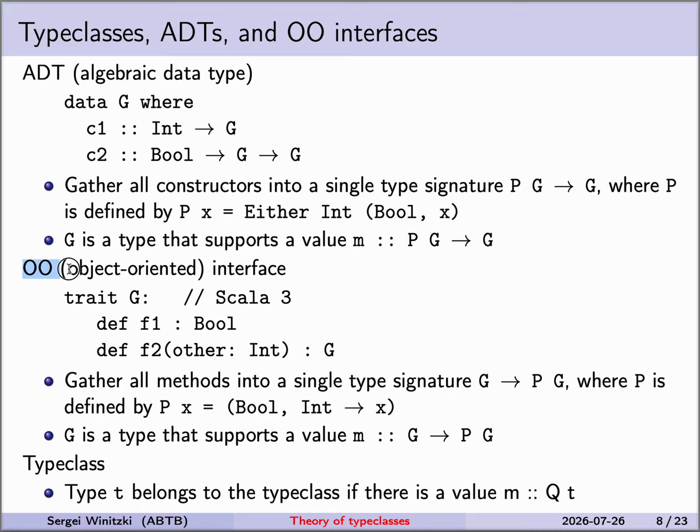Now let's take a look at the object-oriented interfaces, how they are implemented. So for example, in Scala, you would write a trait. That's the keyword for object-oriented interfaces. And then you would say that there are two methods, say, of these types. The method f1 returns a boolean.